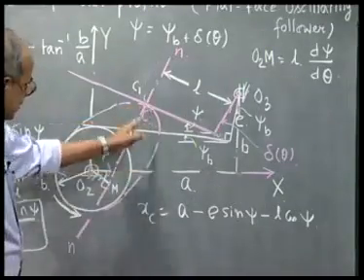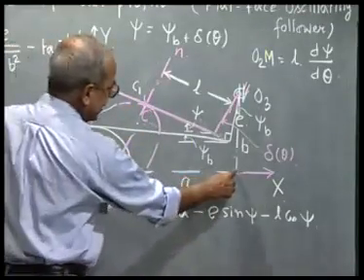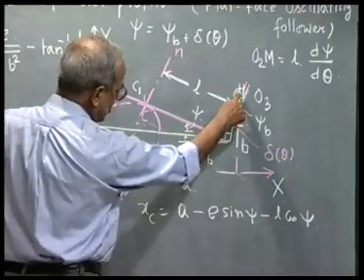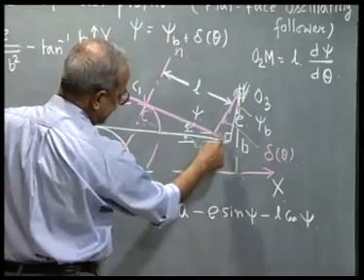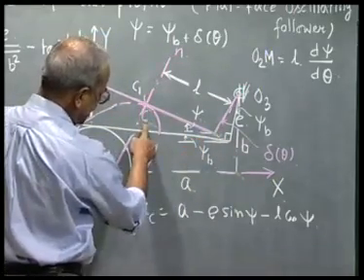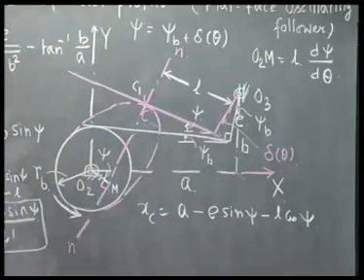X coordinate of this point C is A. There is no projection of B on the horizontal direction. Horizontal position of E is E sin psi, but in this direction projection of L is L cos psi, and in this direction, so that is the coordinate xc.